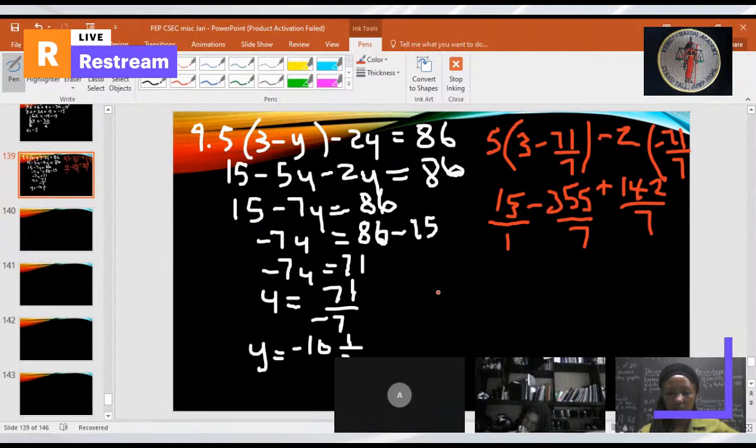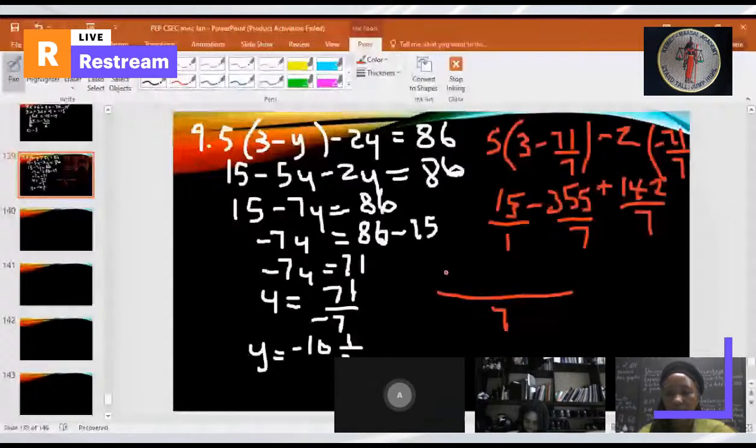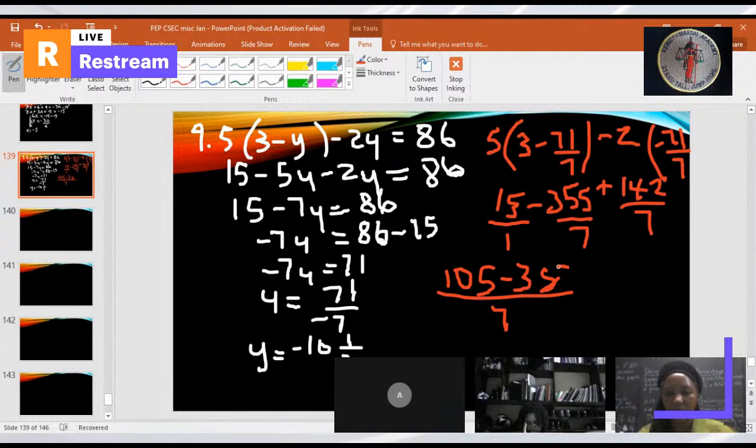And the LCM, of course, would be 7. So what's 15 times 7? 105. And 7 into 7 is 1. So that's the negative 355. And 7 into 7, 1, which gives back the positive 142.